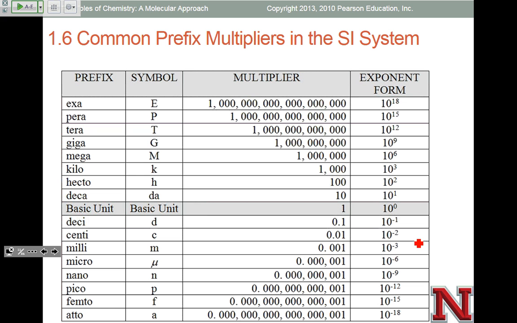So first I'm going to talk a little bit about how to use this, but I want you to know from mega to micro. If for some reason you have to use nano or pico, I'll give you that one. Those aren't going to be as common for what we'll be discussing in chemistry. But especially kilo, deca, deci, centi, milli, and micro are very used.